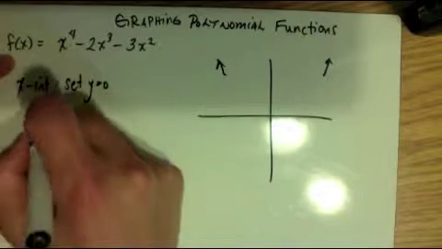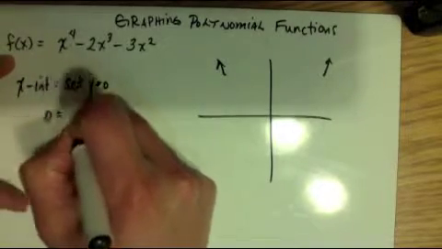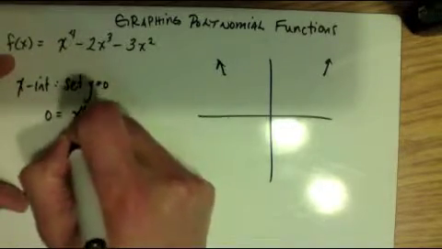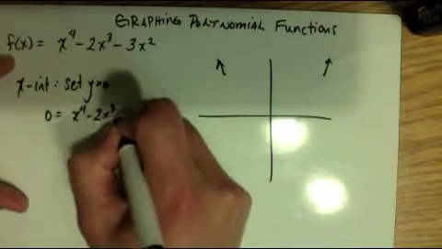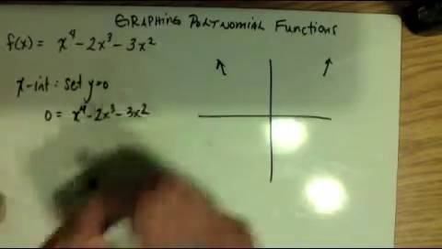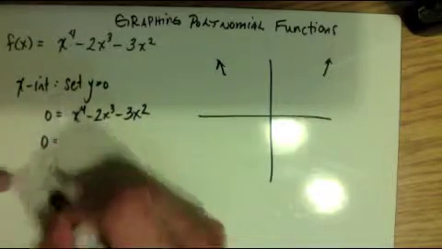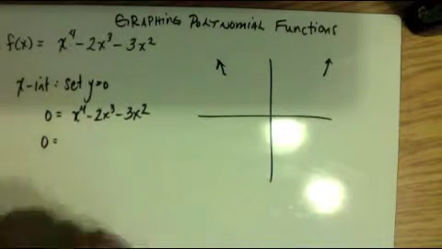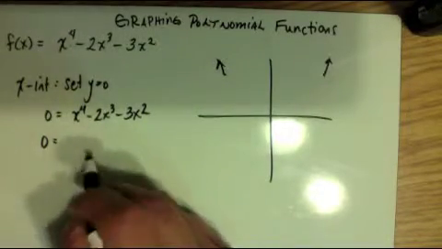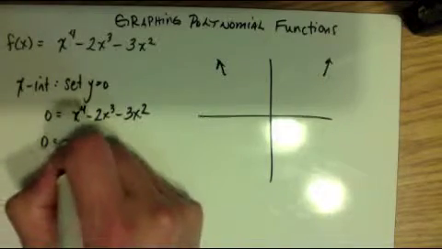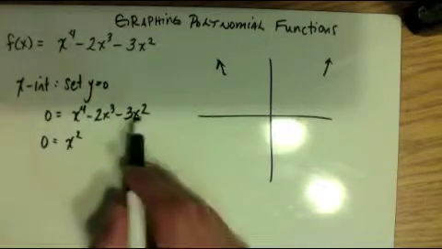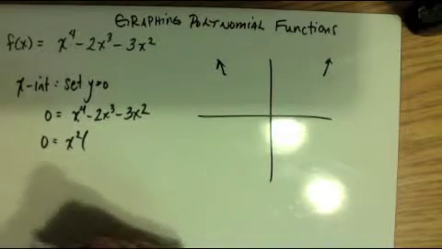Now, in Algebra 2 and Pre-Cal, f of x, that's our y, so we're going to set that equal to 0. And we have x to the 4th minus 2x cubed minus 3x squared. Now the first rule in factoring is, can we factor out anything that's common to all three terms? And the answer is yes. We can take out an x squared.